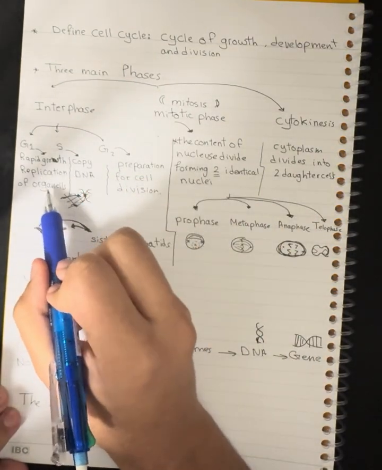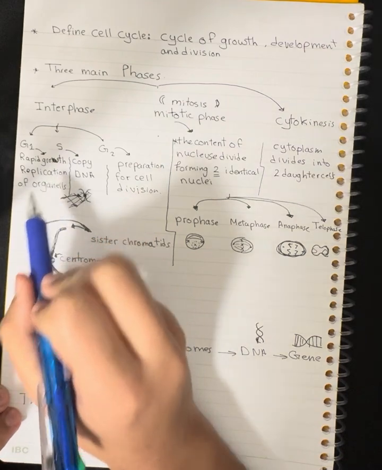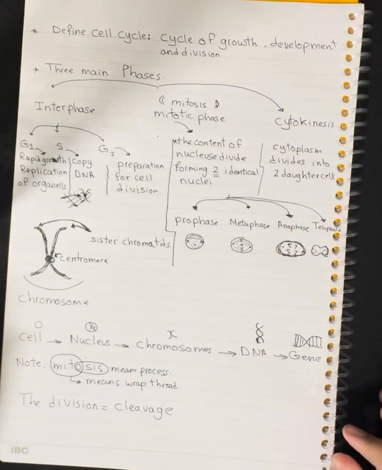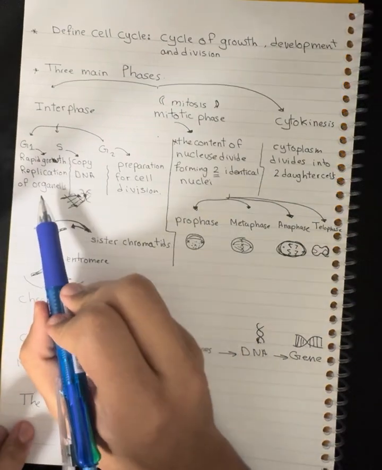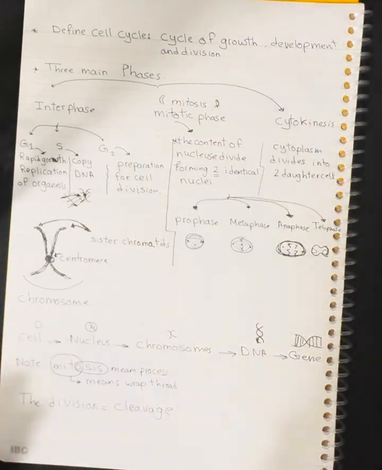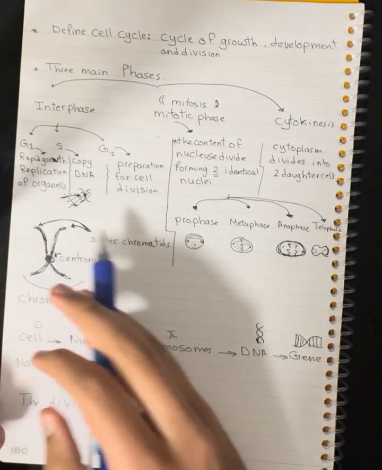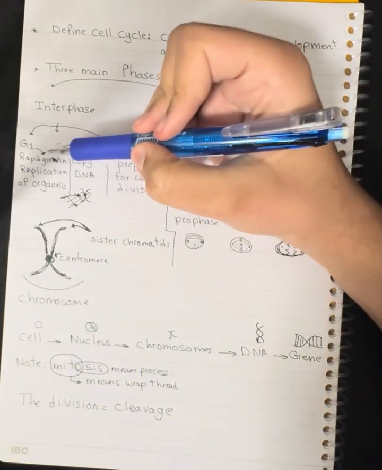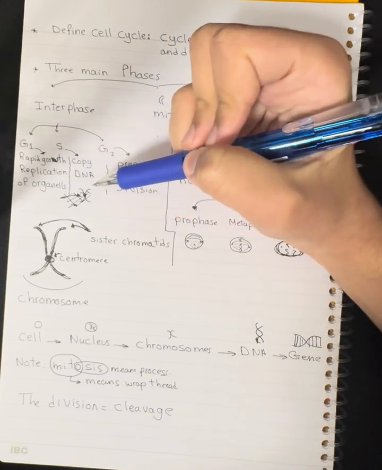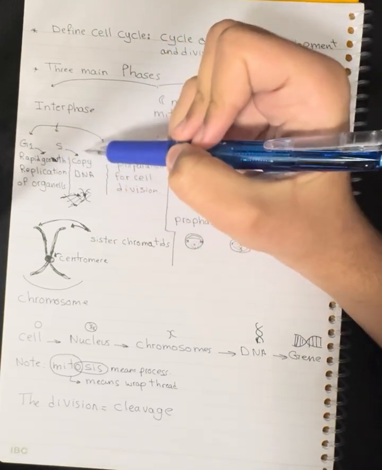And replication of organelles: let's define replication. Replication is just like saying Control-C, Control-V, copy-paste, of organelles. Organelles are the organs inside the cell. So rapid growth and replication of organelles happen in G1.